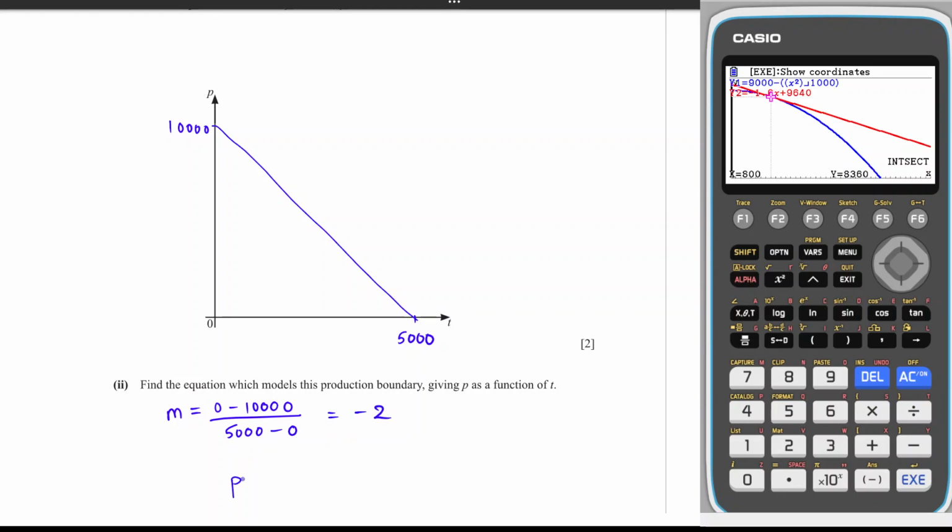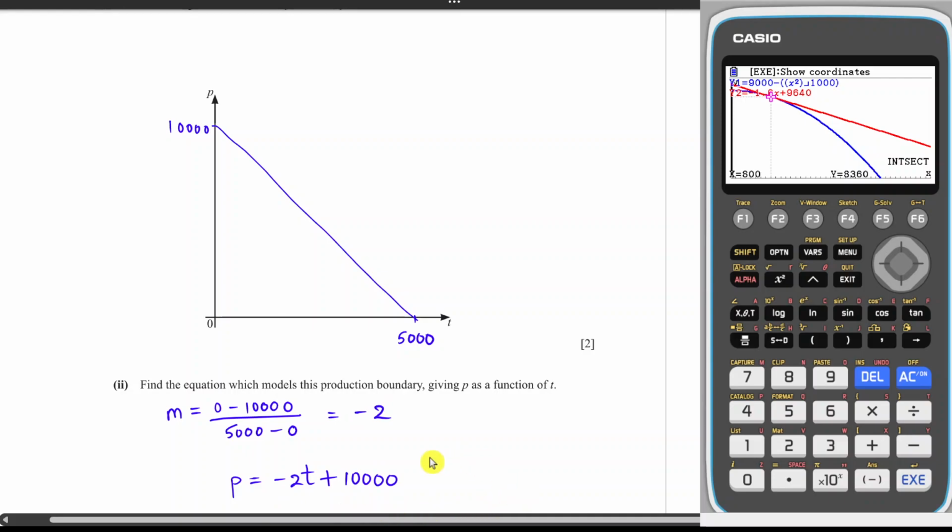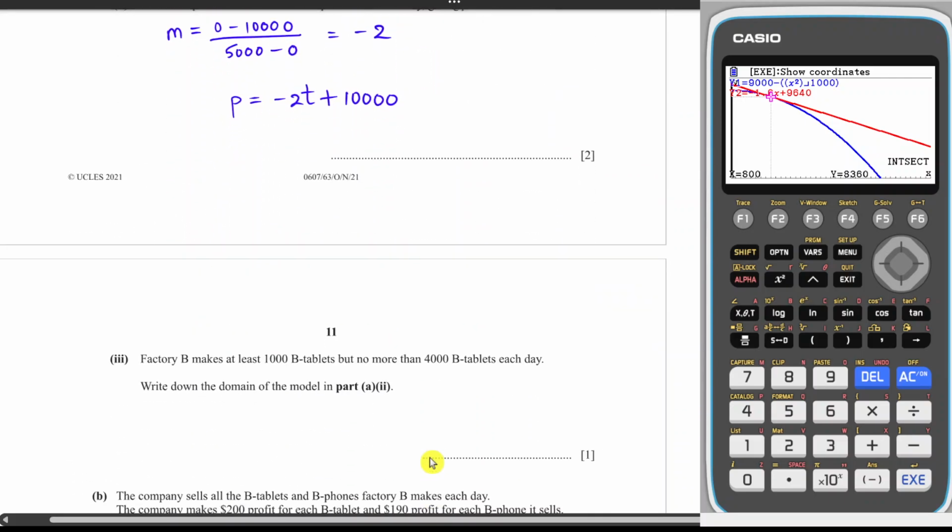So P is equal to minus 2T plus the y-intercept, 10,000. Y equals mx plus c, that is of that form.